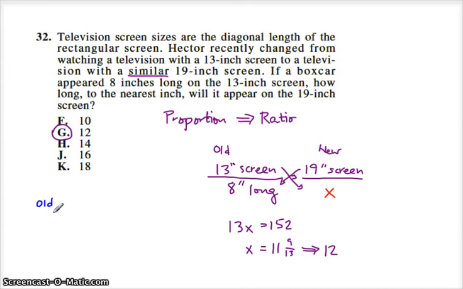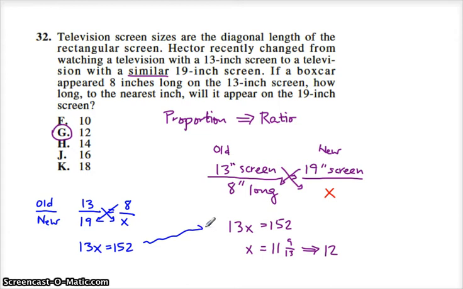So if we had old over new, that means you'd have 13-inch screen, and then you would have that it was 8 inches long, and that means that you'd have your 19-inch screen and you wouldn't know how long the boxcar looks. Look at what happens when you cross multiply this one. There it is all over again. 13x equals 152. So it's the same as what we had over here.